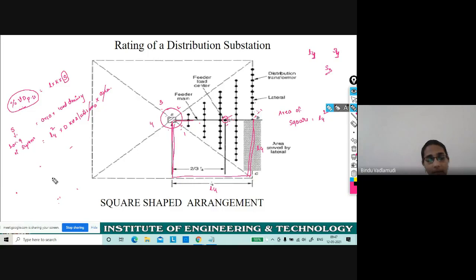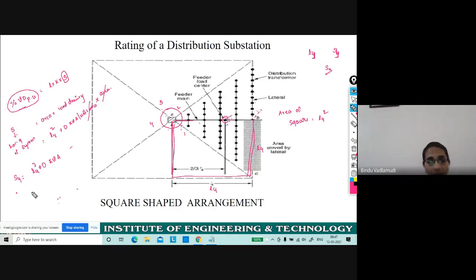That implies area of S square is equal to L4 square, and load density is equal to D. By that, S4 is equal to L4 square into D kVA.